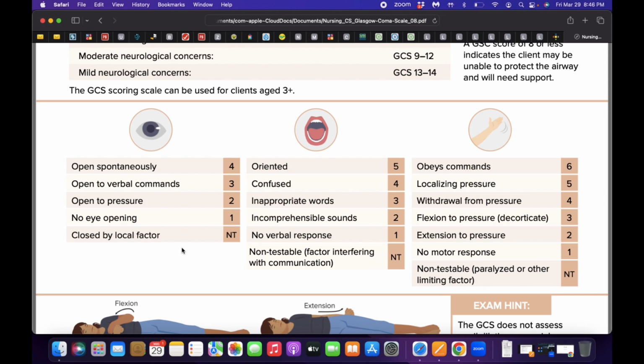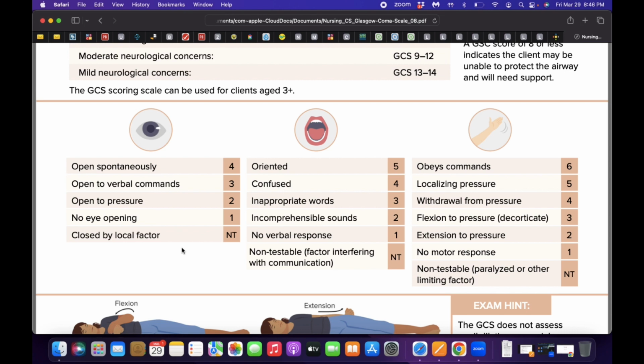Let's proceed to your motor response. You give 6 points if the individual obeys commands, 5 points for localizing pressure, 4 points for withdrawal from pressure, 3 points for flexion to pressure or decorticate, 2 points for extension to pressure, and 1 point for no motor response, and non-testable for paralyzed or other limiting factor.